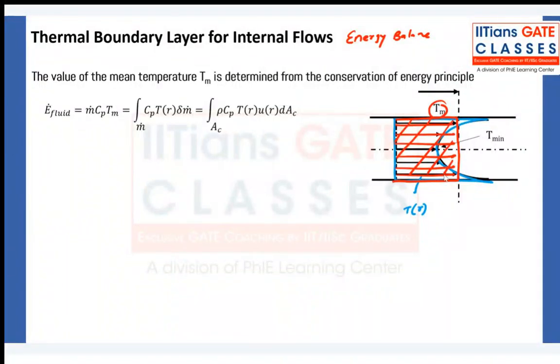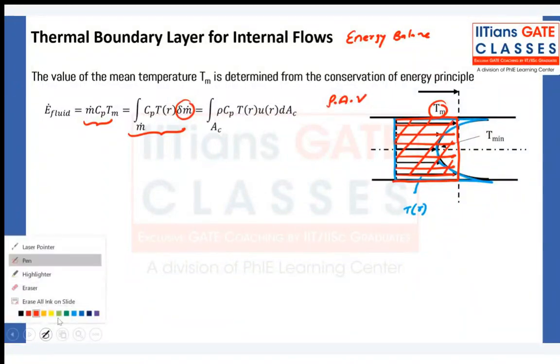Okay, so I will do what? This is your red area. This is your blue area. Now it is rho Cp, because mass flow rate is what? Mass flow rate is rho A V. Now I am going to take a certain area in R direction.